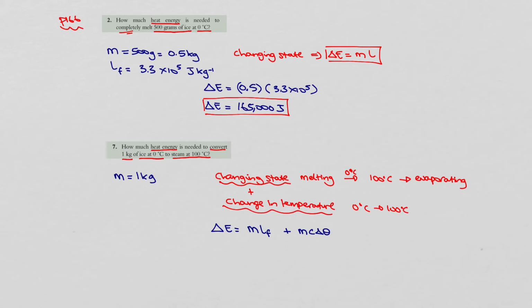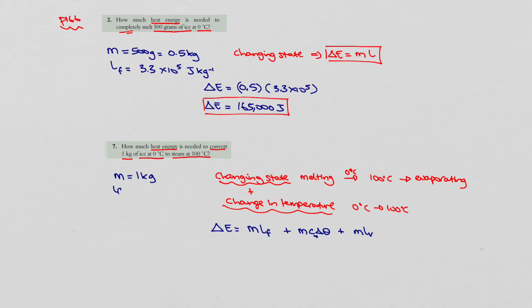At this point, the ice is water, so it's going to be the specific heat capacity of water. Then we have a changing state again because it's changing from a liquid to a gas. So this is again going to be ML, but this time our L is going to be our specific latent heat of vaporization.